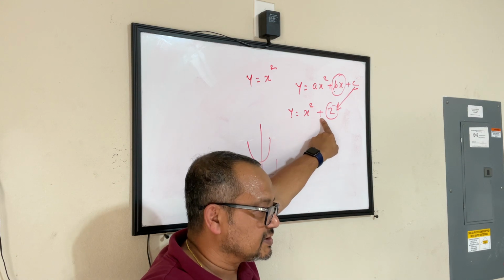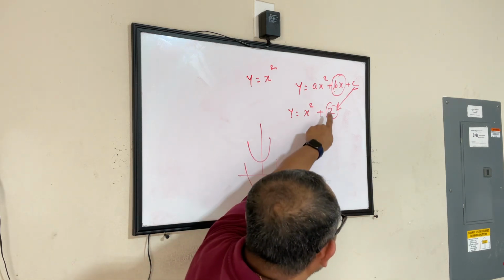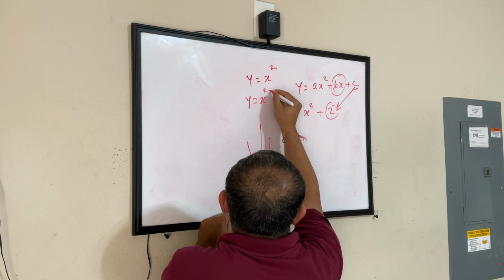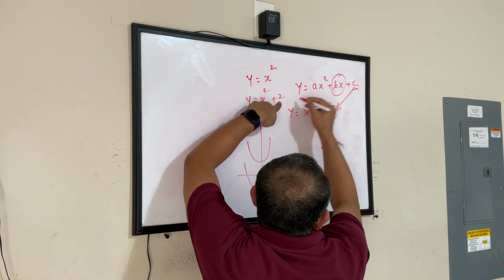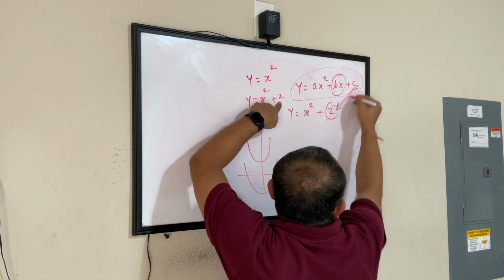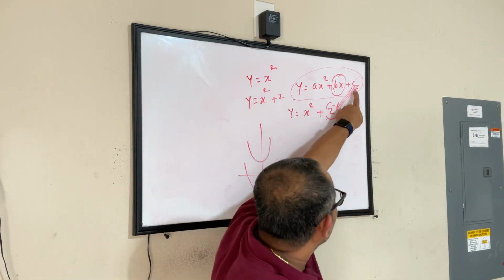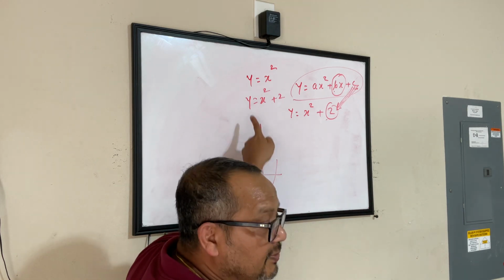Are you able to conclude it that way? That whatever is my constant value, y equal to x squared versus y equal to x squared plus 2, this 2, if I compare that with my standard form, is nothing but my c value. So my c value is the one which is deciding or making the parabola move up or down.